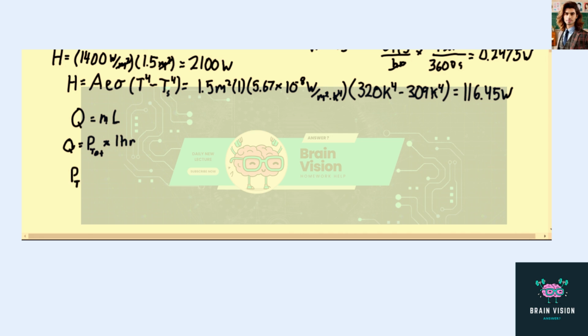P total times 1 hour is equal to mL. The thing is, we want to find how much this person must perspire in order to maintain this constant skin temperature.